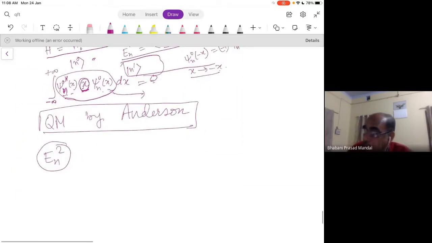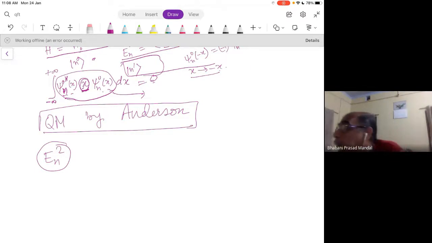Energy levels I wrote 1, 2, 3, and eigenfunctions I wrote 1, 2, 3 for first order, second order, third order, even 0. Zeroth order means there is no perturbation, no interaction. And H prime is my additional term, the full term.